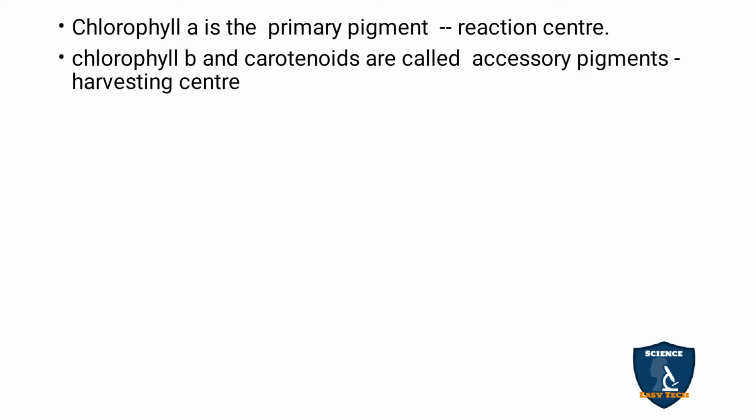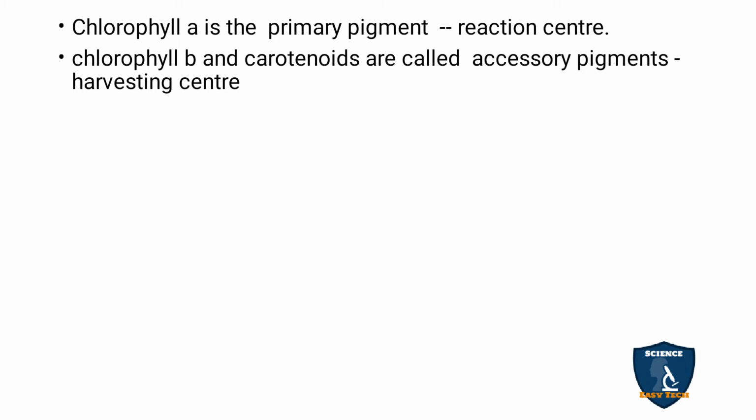Chlorophyll B and carotenoids are called accessory pigments, and they form the harvesting center.